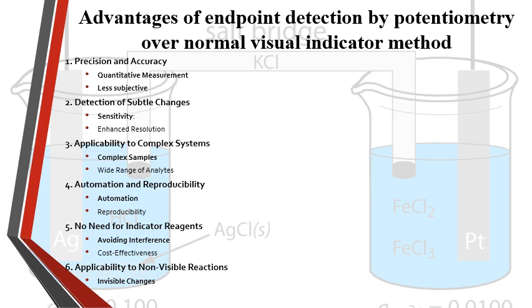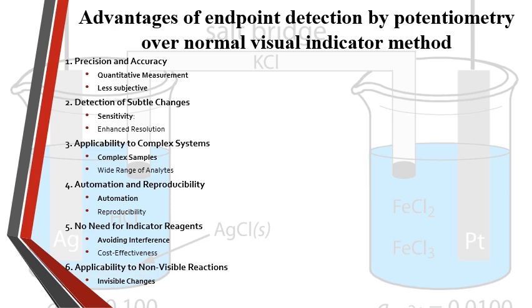When we talk about precision and accuracy, in quantitative measurement, potentiometric detection provides precise quantitative measurement of the endpoint based on the electrochemical response, which can be more accurate than visual indicators, which are often qualitative and subject to interpretation. Potentiometry eliminates the subjective nature of visual endpoint detection, which can be affected by factors like the observer's perception and lighting conditions.